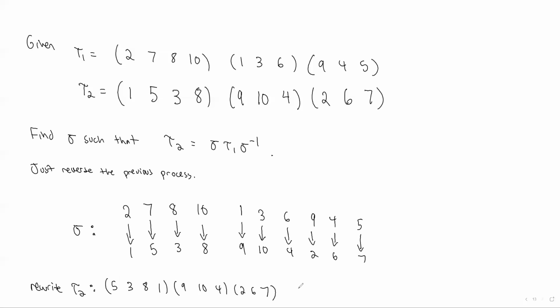So now you could take sigma to be 2 goes to 5, 7 goes to 3, 8 goes to 8, and 10 goes to 1, and the rest is the same. So there's a bunch of choices for sigma, but the point is that permutations that have the same cycle lengths are conjugates of each other. And how you conjugate them is by just mapping the elements of one cycle to the elements of the other cycle.